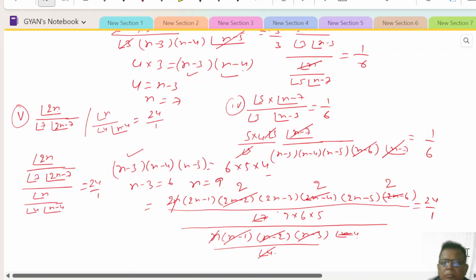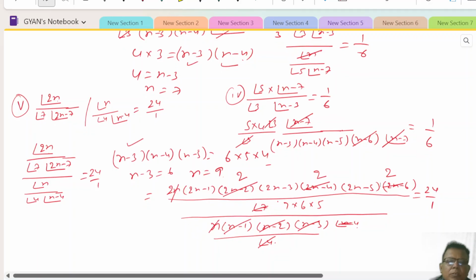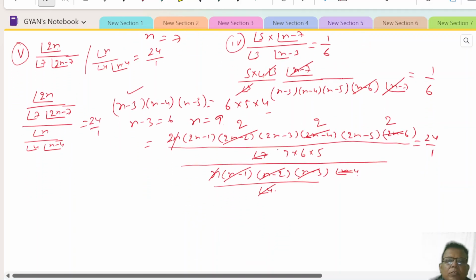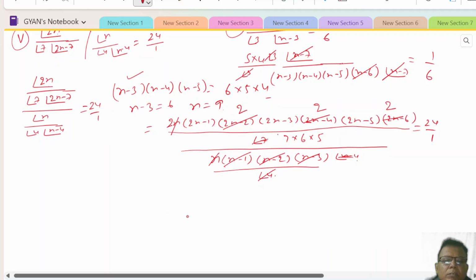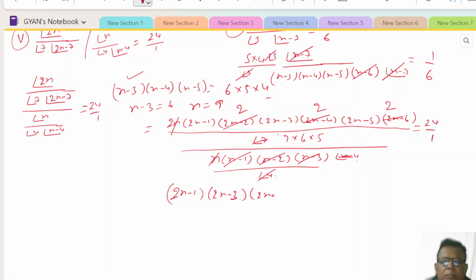So this one becomes (2n minus 1)(2n minus 3) and (2n minus 5), and here 24 into 7 into 6 into 5 divided by how many 2s? 1, 2, 3, 4.